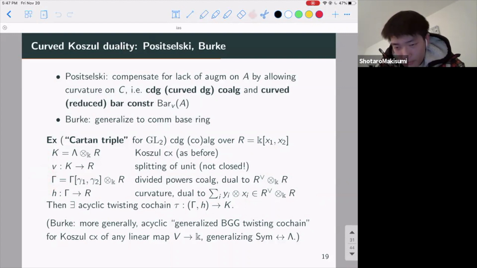And it turns out this divided powers coalgebra is Koszul dual to the Koszul complex. And this really explains a lot of the homological algebra that was developed on a kind of ad hoc basis in those papers.